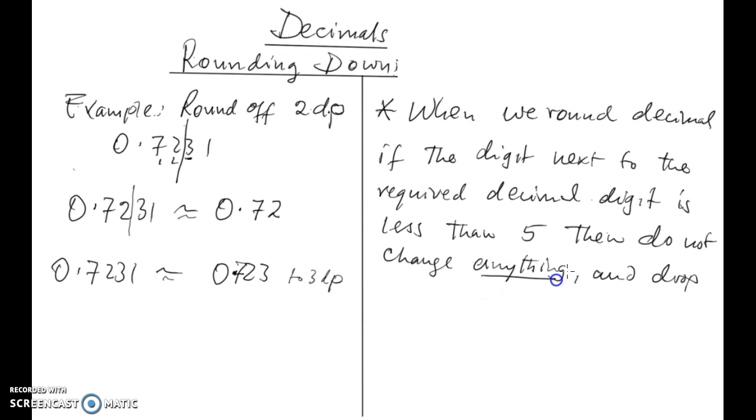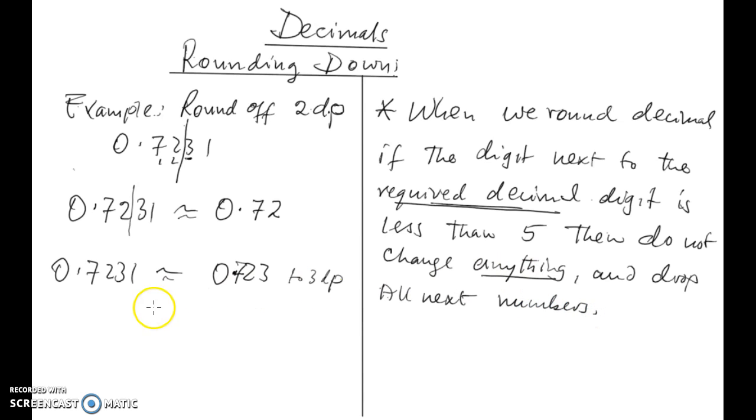When you say do not change anything, this is to the required decimal. So don't change anything to the required decimal, and drop all the next numbers.